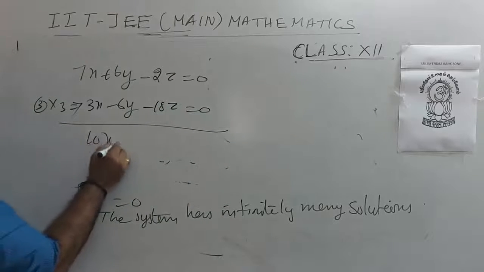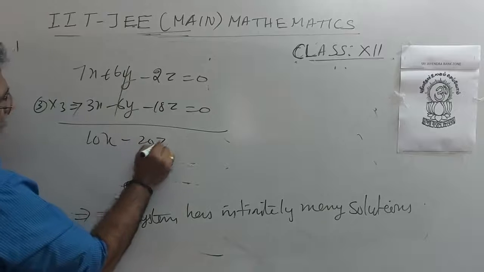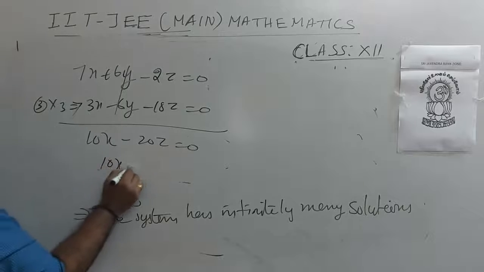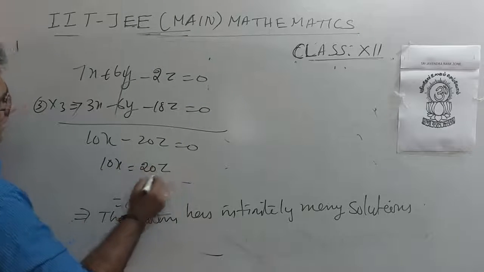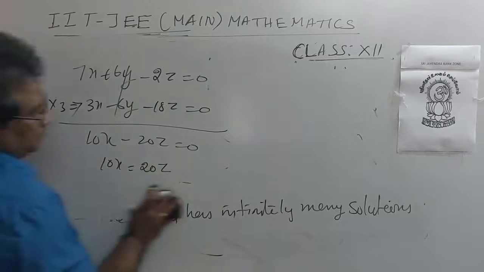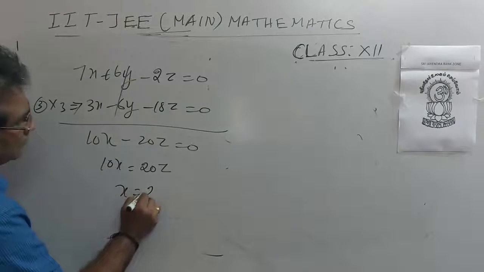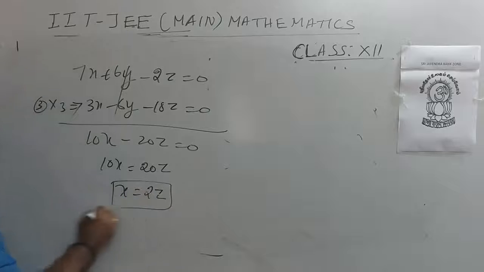Adding, 10x minus 20z equal to 0. 10x equal to 20z. x equal to 2z.